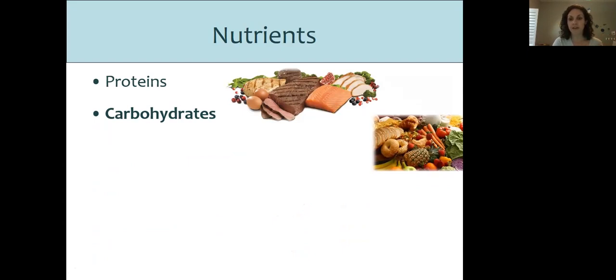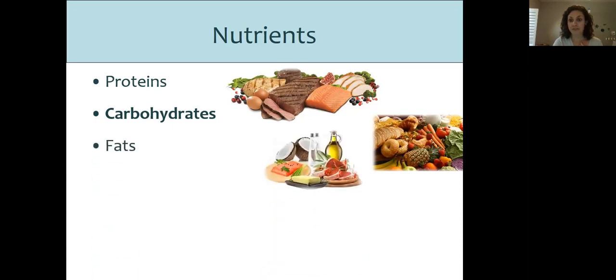Then we've got carbohydrates. That includes a lot of our breads and grains, anything made from grain. So that could be bread or pasta, rices and things like that, as well as fruits and vegetables. We don't always think about those as carbs, but they are carbs. Anything that our body breaks down into sugars is a carbohydrate.